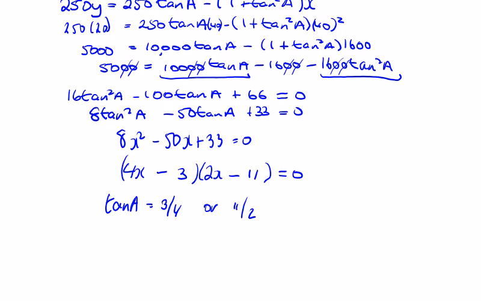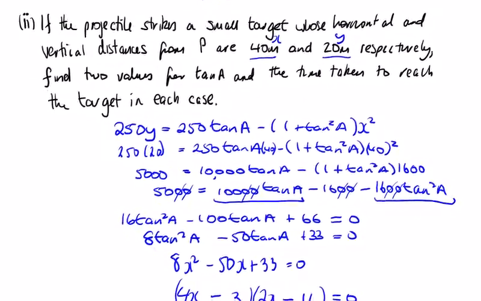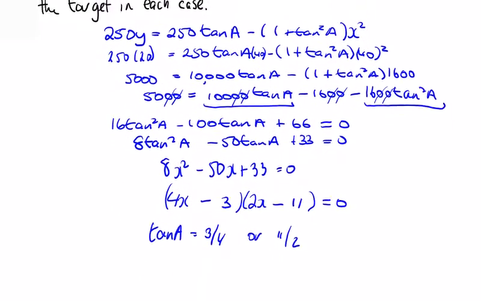So I'm looking for my times, so I'm going to need to get it in terms of, can we ask for the angles? No, two values for tan A and the times, so we're not even asked for the angles here.